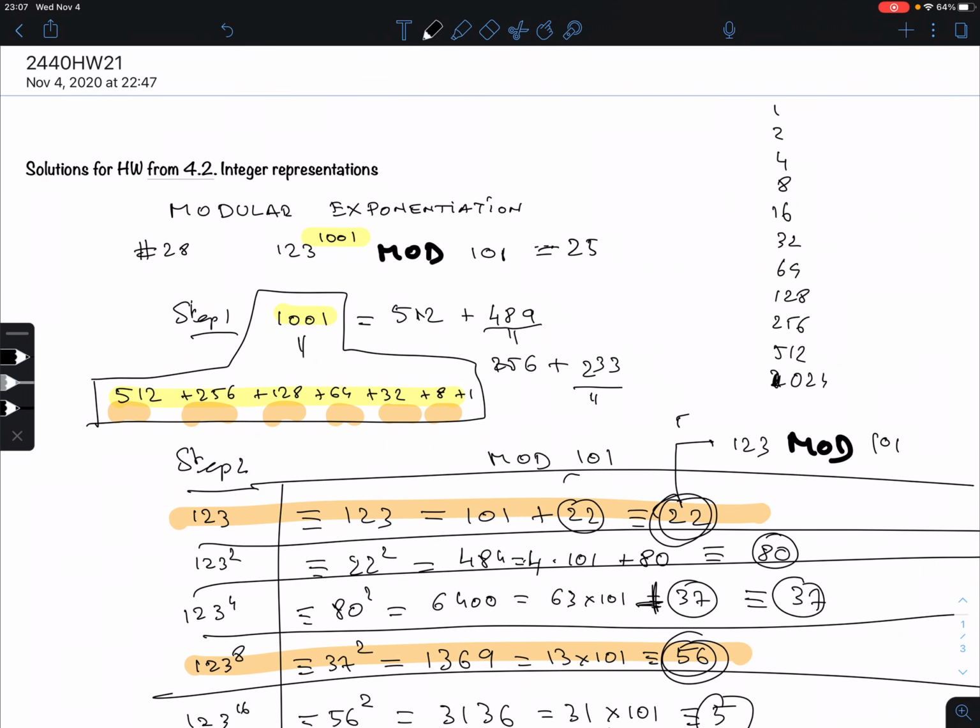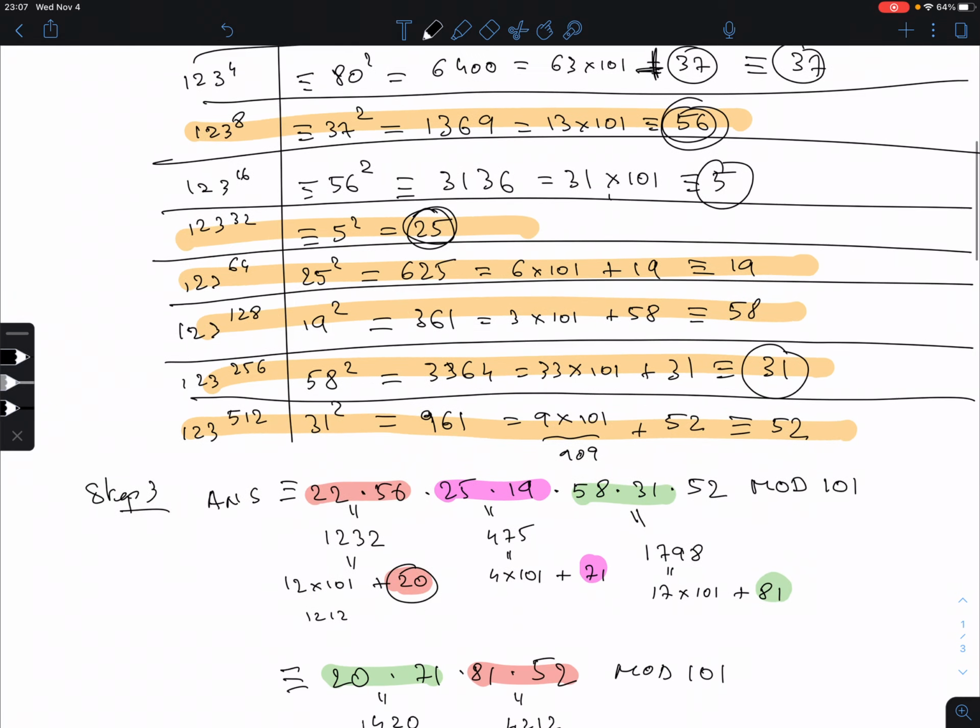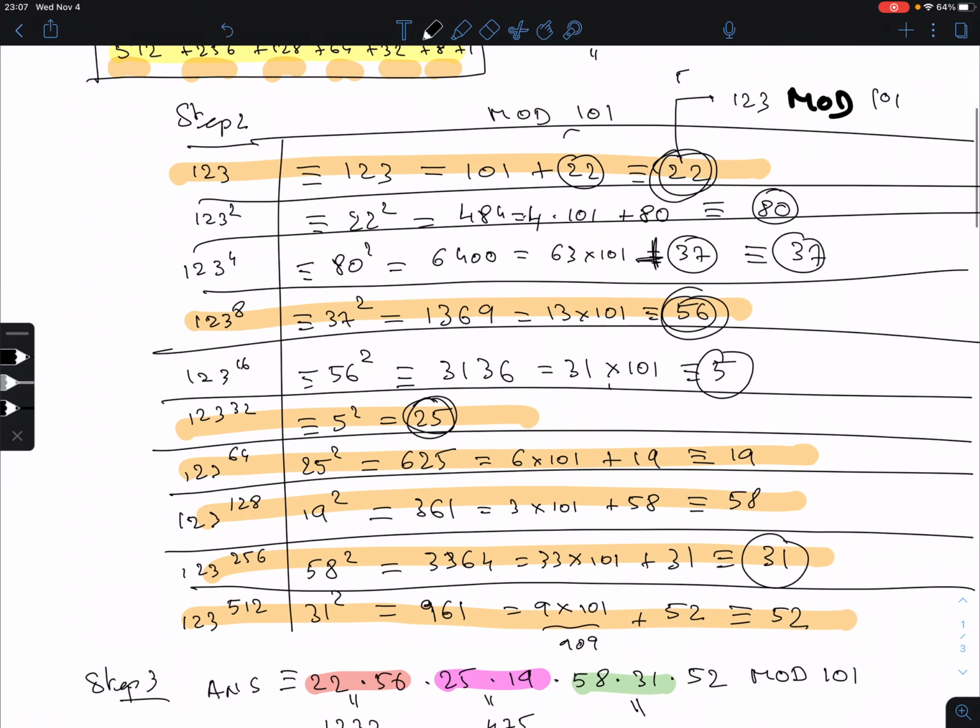Now I want to double check this, and sometimes I make mistakes somewhere in the middle or at the end. So how do you check this? When I ask you this on a quiz, you have to show me all this work, right? And then you have to do these calculations. You cannot just use the mod function. You have to show me how you calculate these things.